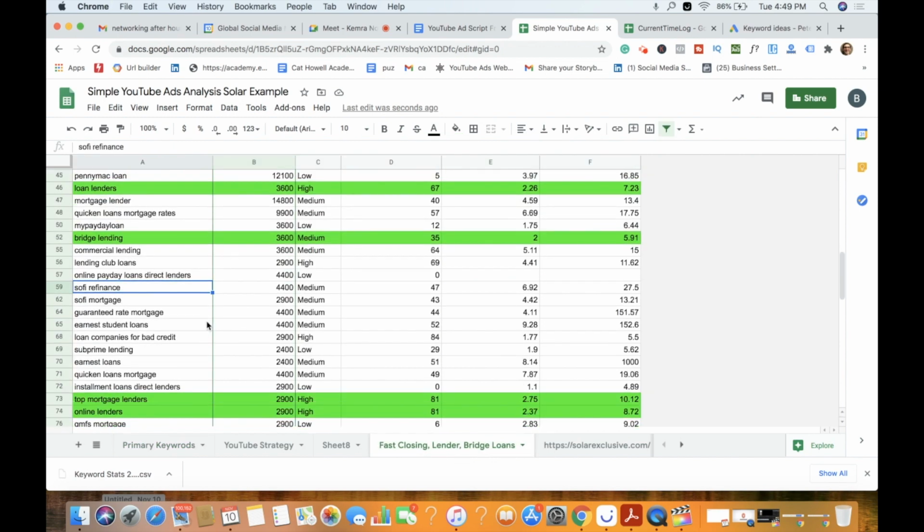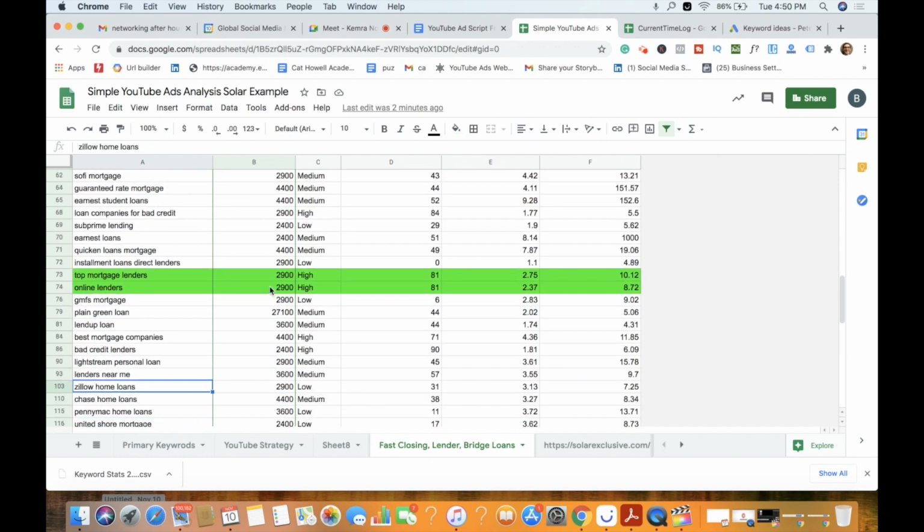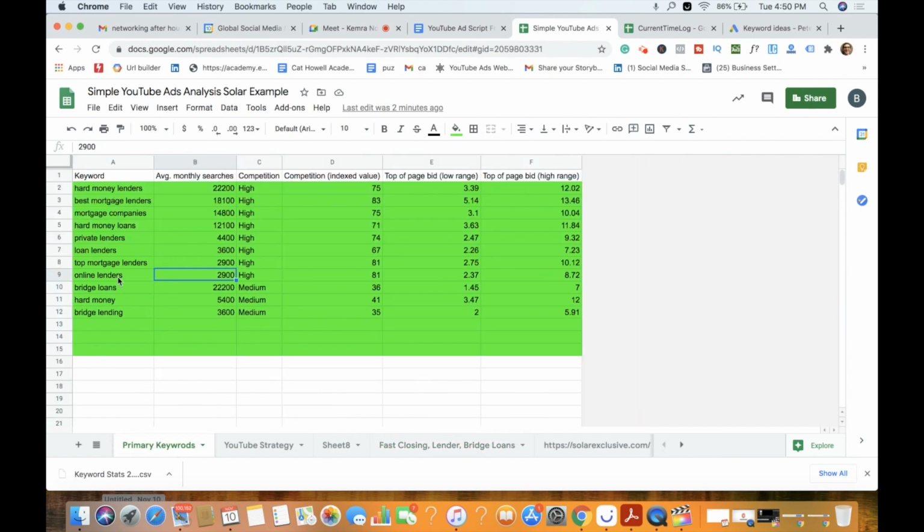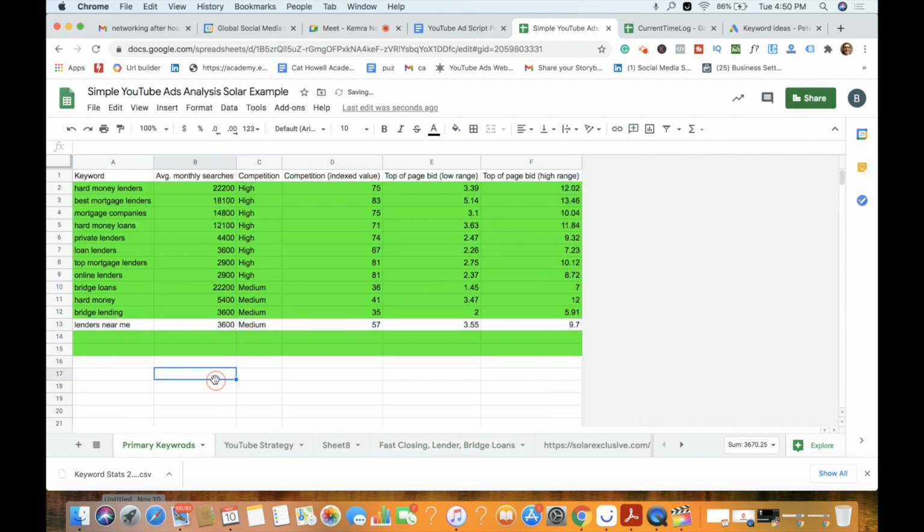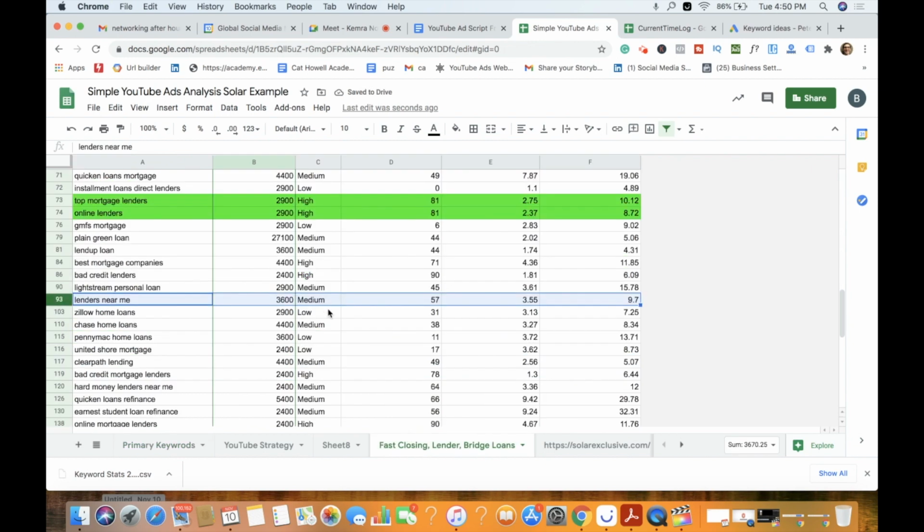And then I would just go through the rest of these real quickly and see if there's anything else. SoFi refinance, I don't know what that is. Loan companies for bad credit. Plain Green loan, LendUp loan. Lenders near me, that might be relevant. Put that one in there. All right.